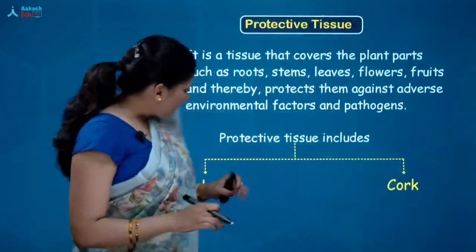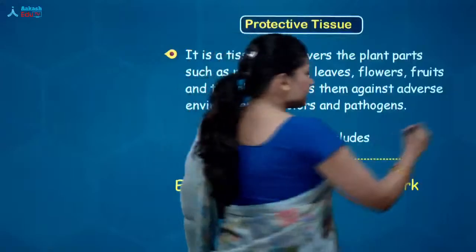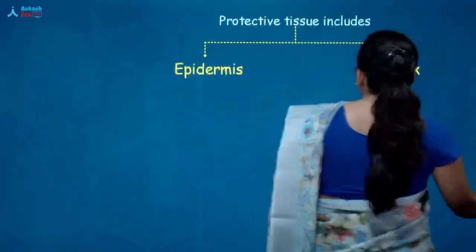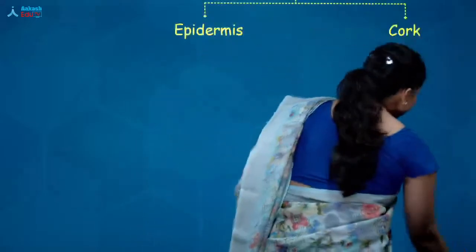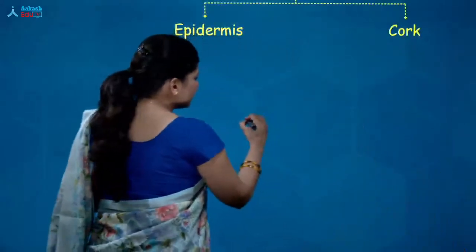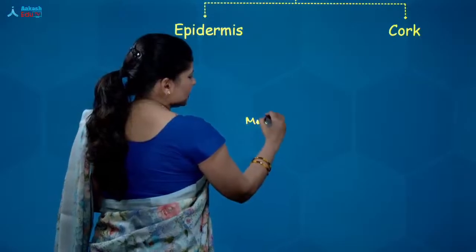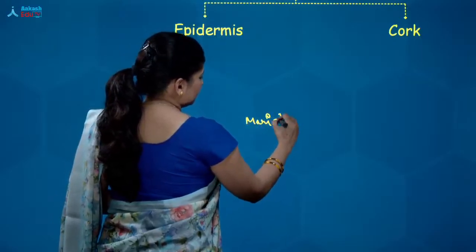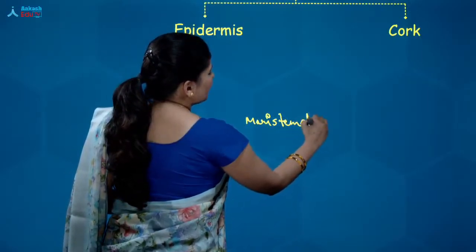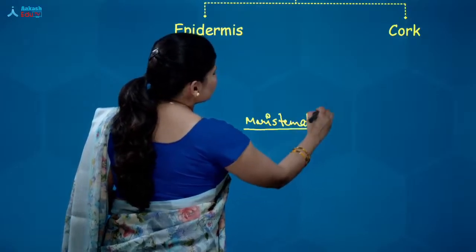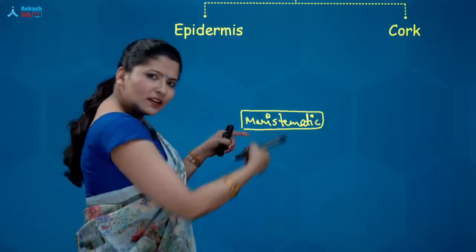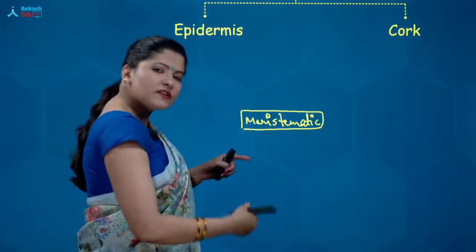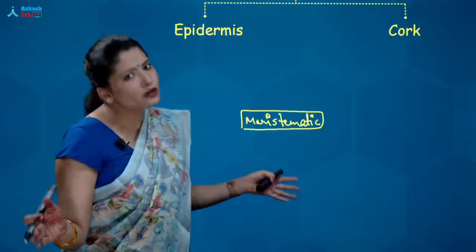See, before going to start this, है ना, एक बारी summarize करते हैं कि हम लोगों ने क्या पढ़ा है अभी तक, right? So as I have told you, सबसे पहले we have started with the meristematic tissue. And I have also told you that this meristematic tissue was the parent tissue, है ना. यही meristematic tissue में differentiation होती है, and after differentiation different kind of tissues were formed.